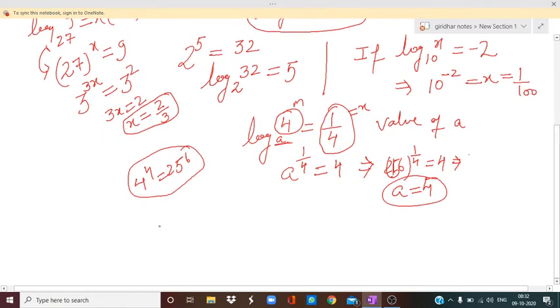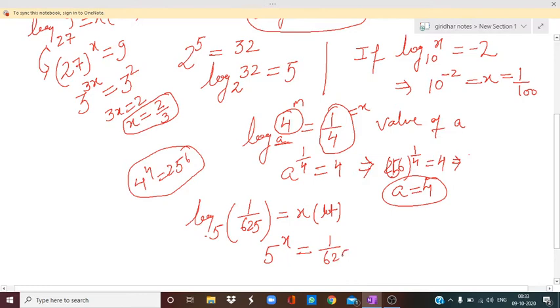Look at this one again, one more problem. We have log base 1 upon 625 of 5, the value of this. Again you take x as its value. Now we'll use the definition: log m with base a equals x. So a to the power x, 5 to the power x equals m, and m is 1 upon 625.